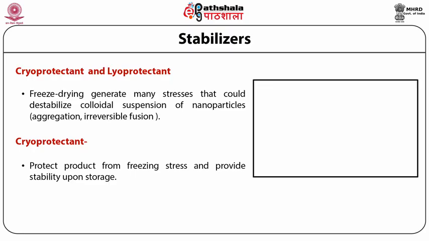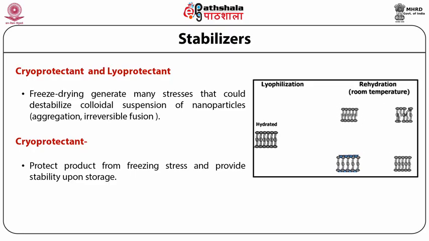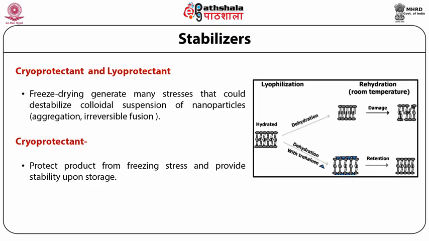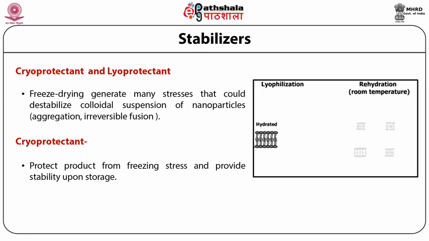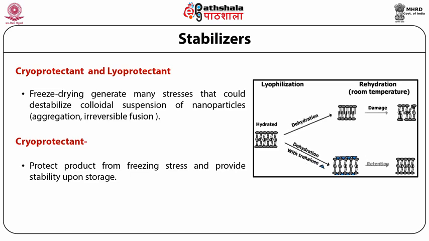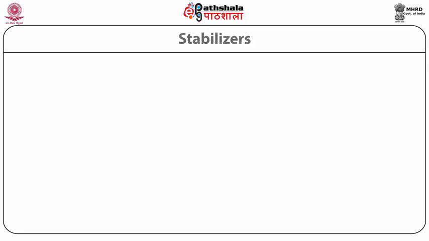Its mechanism includes vitrification at a specific temperature denoted as Tg, immobilizing the particles within a glassy matrix. The second mechanism is the particle isolation hypothesis. Now lyoprotectants. They protect product from drying stress, and the mechanism involved is the water replacement hypothesis.